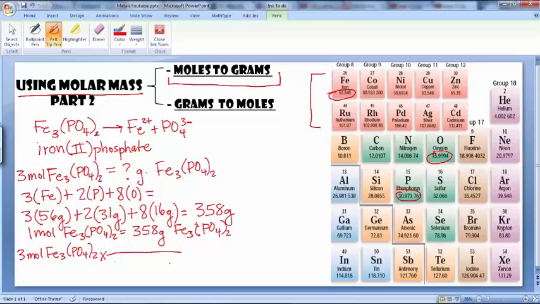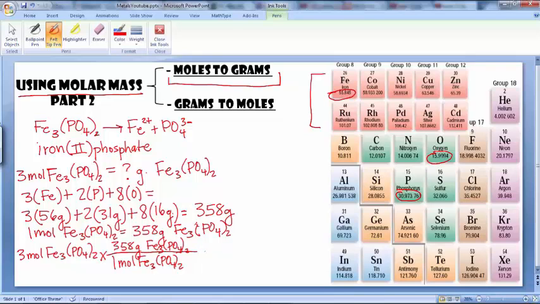So 1 mole of Fe3(PO4)2 is equal to 358 grams of Fe3(PO4)2.